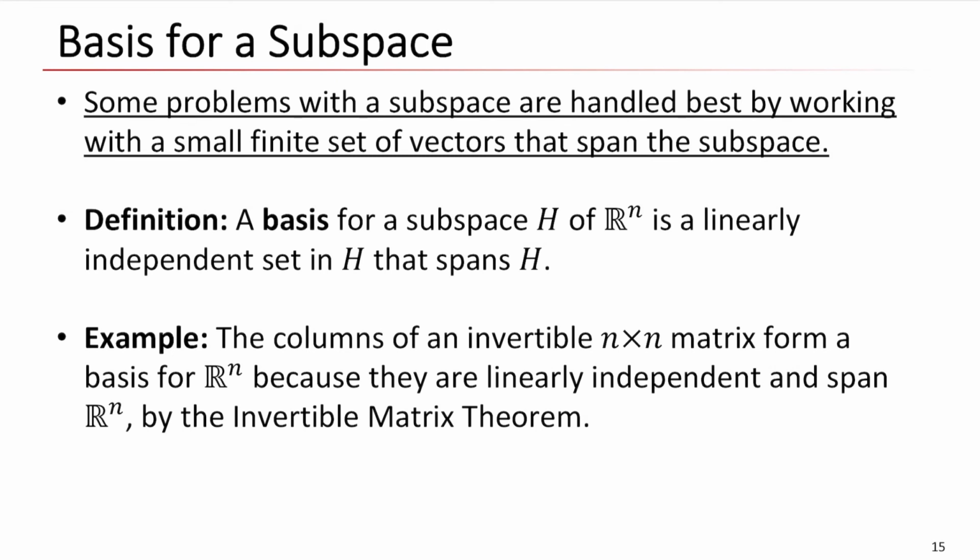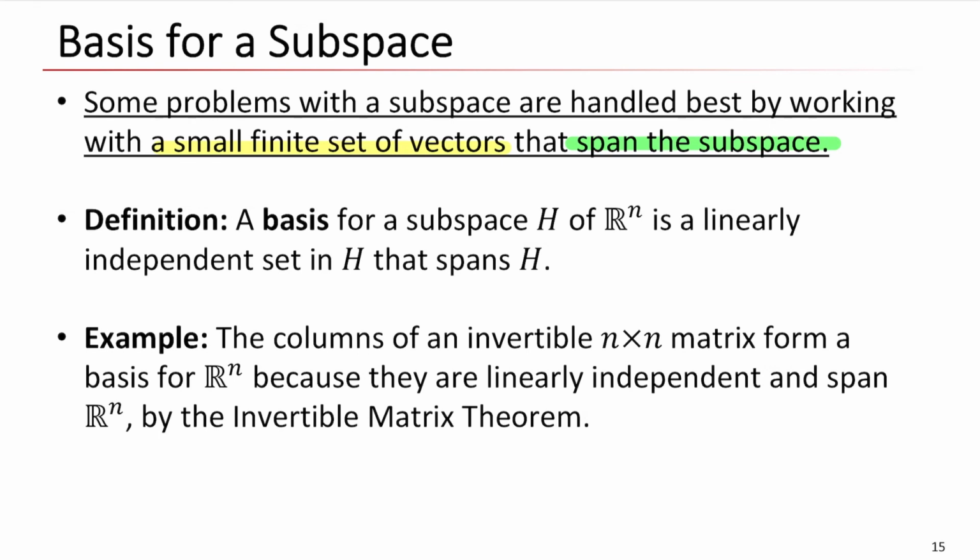So far we've talked about what a subspace is and two representative subspaces, the column space and null space, right? Actually, we want to represent the column space, null space, or any subspace in a compact form. Some problems with a subspace are handled best by working with a small finite set of vectors that span the subspace.